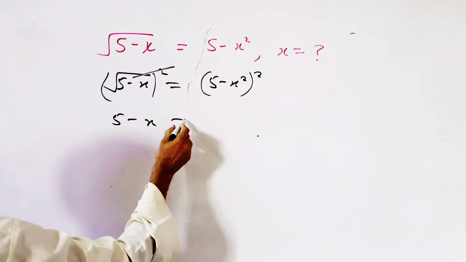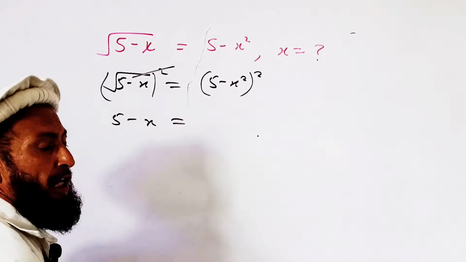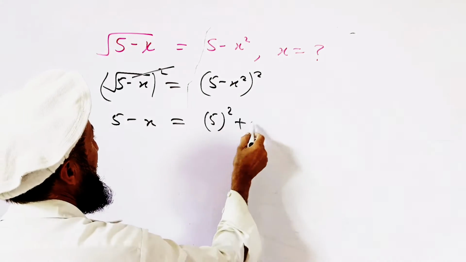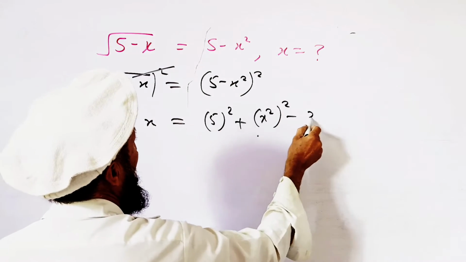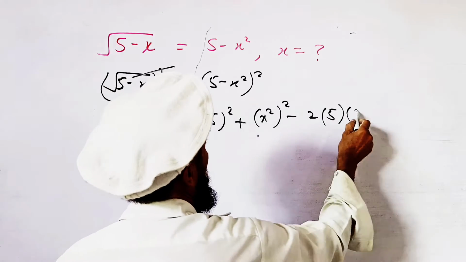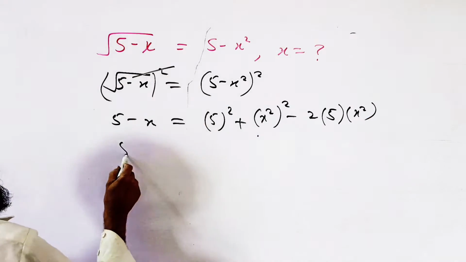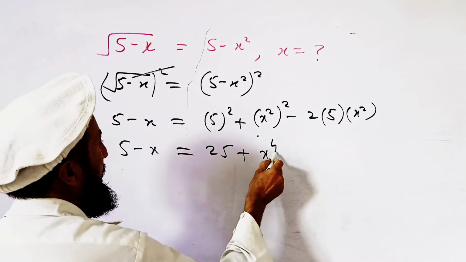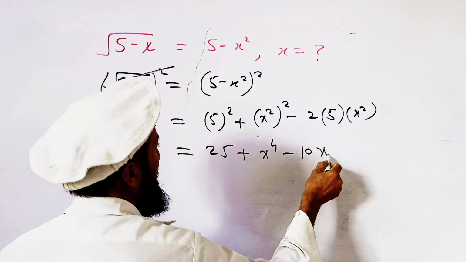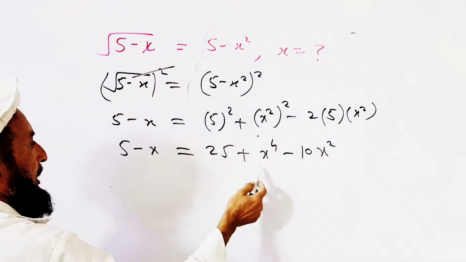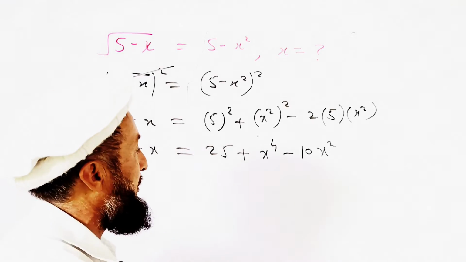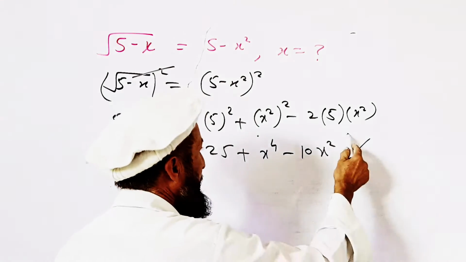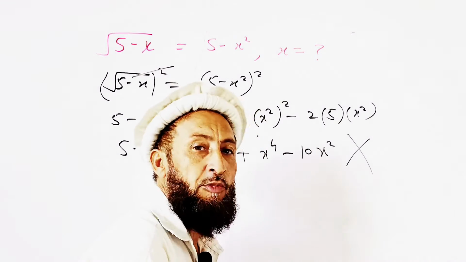We can use the (a minus b) whole square formula here, and we get 25 plus x power 4 minus 10 x square. So the equation has the form x power 4, which is very difficult.